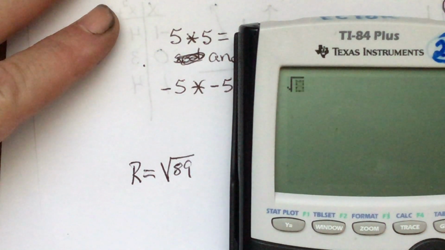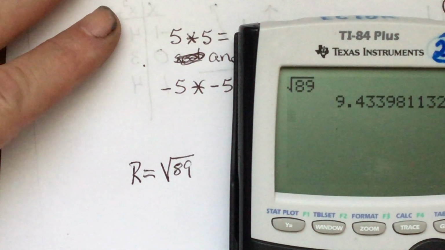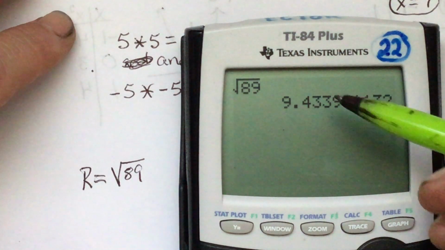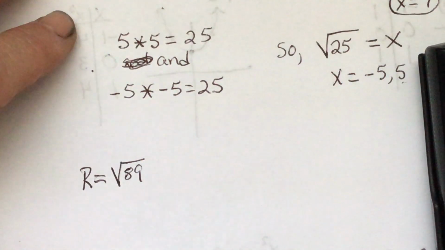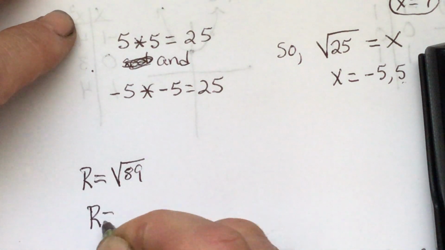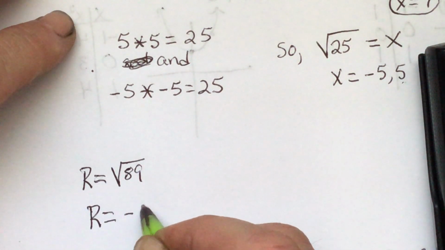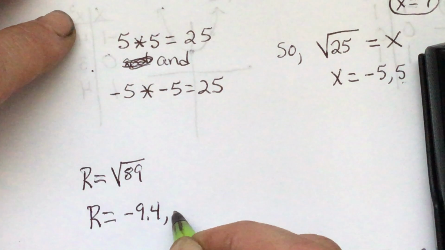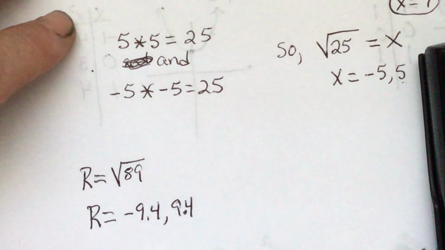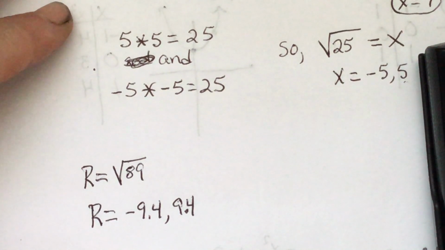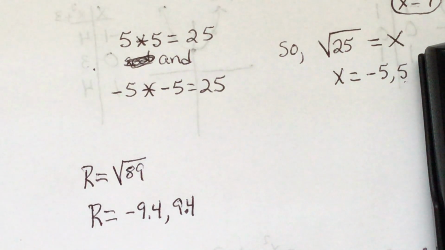So square root 89, enter. I'm going to round this off to the nearest tenth. So the answer is 9.4. So r equals negative 9.4 and positive 9.4. Well, if it were that easy, you'd be done in 2 minutes.